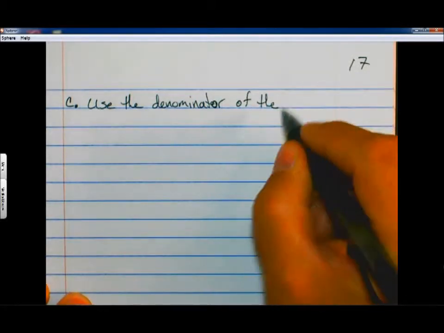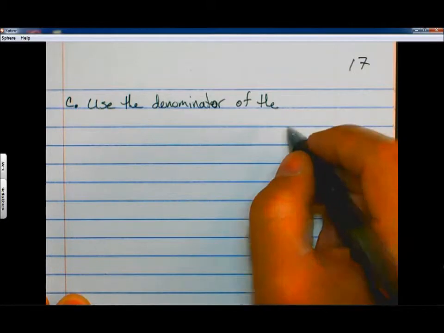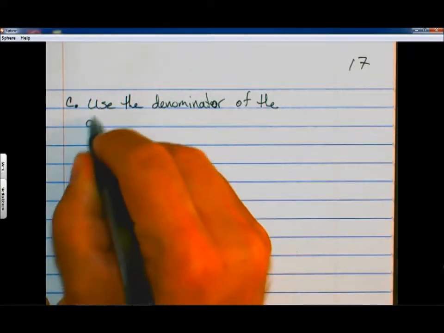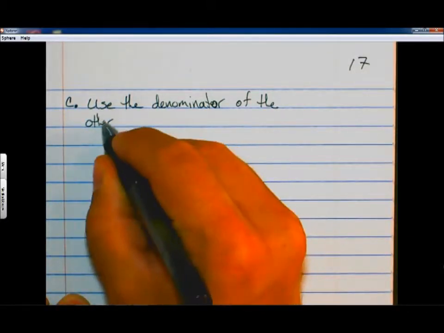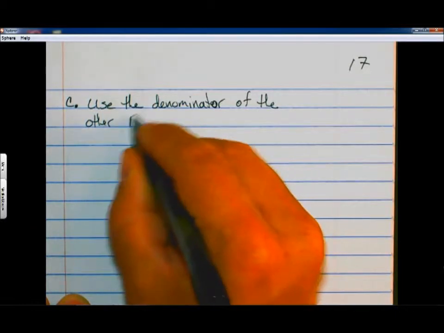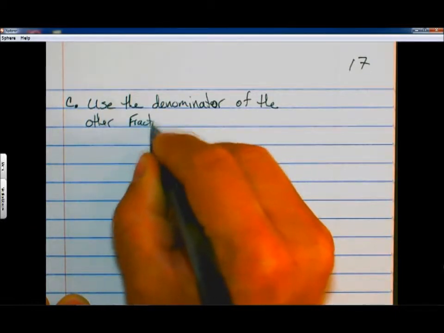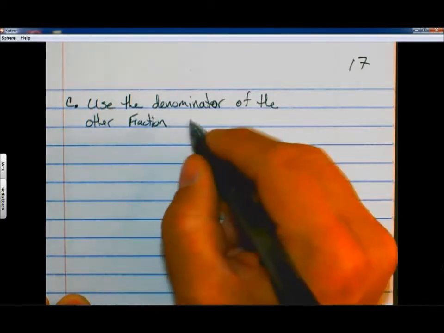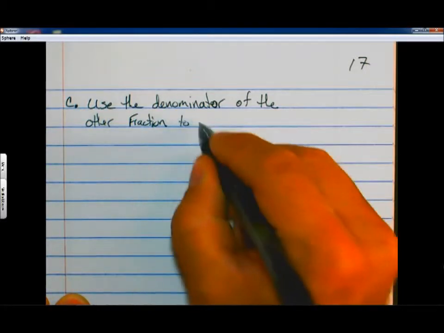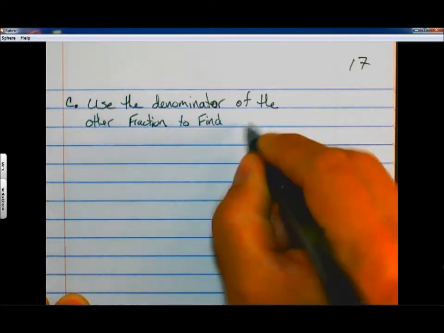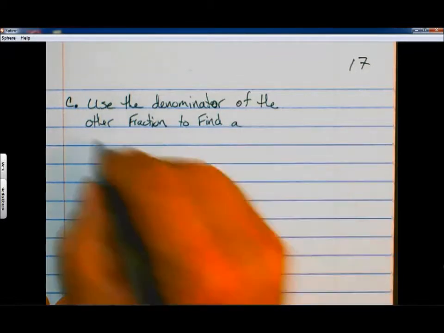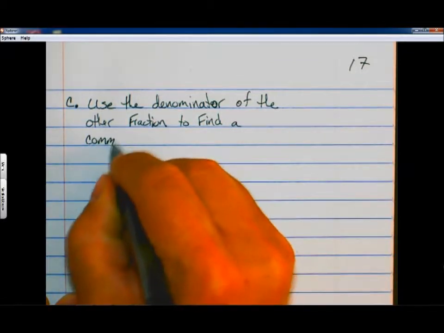So we're going to use the denominator of the other fraction to find a common denominator.